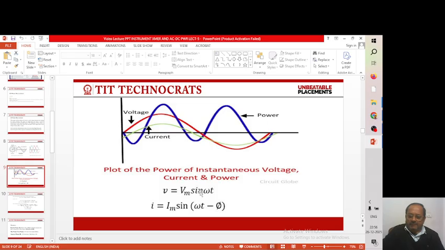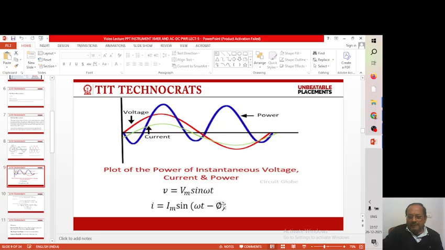Next, we take this value. Here the voltage is Vm sin omega t, and the value of current is given by I equal to Im sin (omega t minus phi).